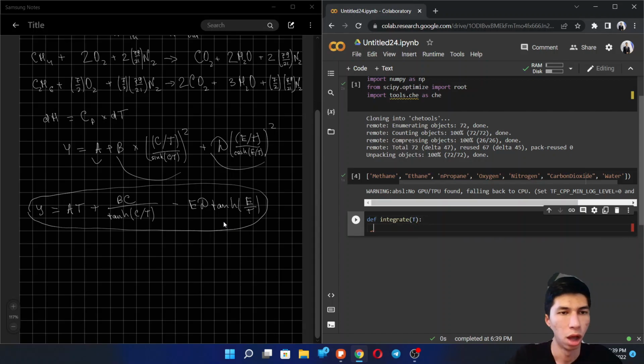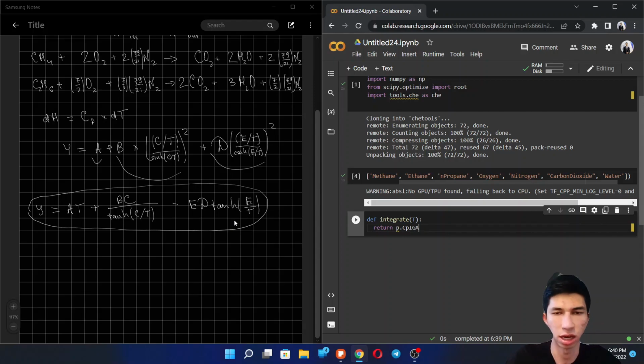As I mentioned before, we have the constants A, B, C, D, E, right? That we're gonna take from CHE-tools, and those constants are gonna be P dot CpIGA.